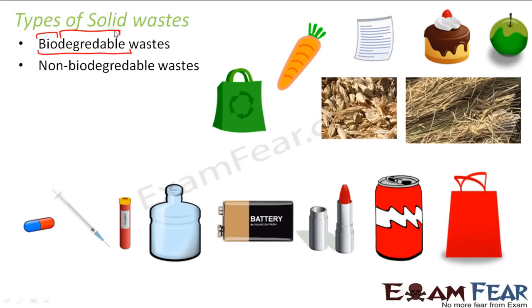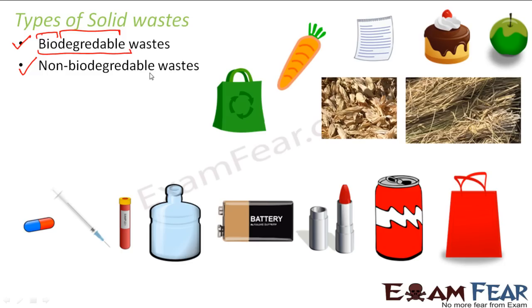If there are waste products which can be broken down by living organisms, they are called biodegradable wastes. On the other hand, if the waste materials cannot be broken down by any living organism, they are known as non-biodegradable wastes. So these are the two categories of solid wastes.